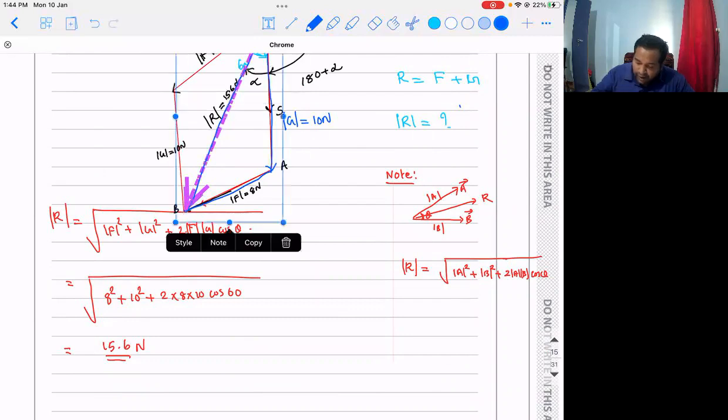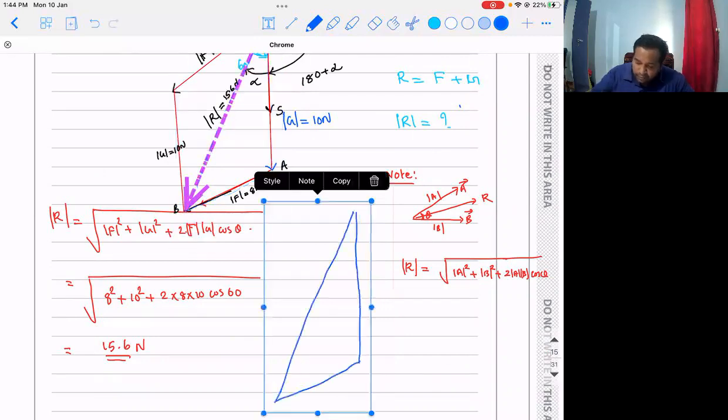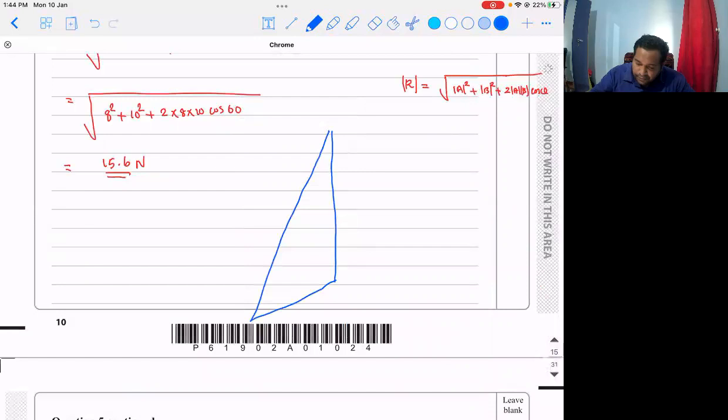So this is our triangle, such that this is 15.6, and this is 8, and this is 10. And we are in a position to find this alpha.